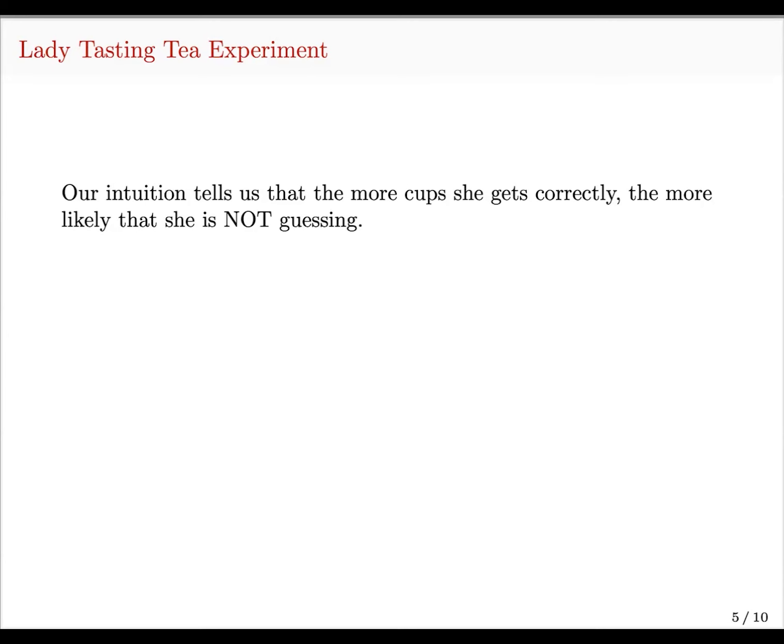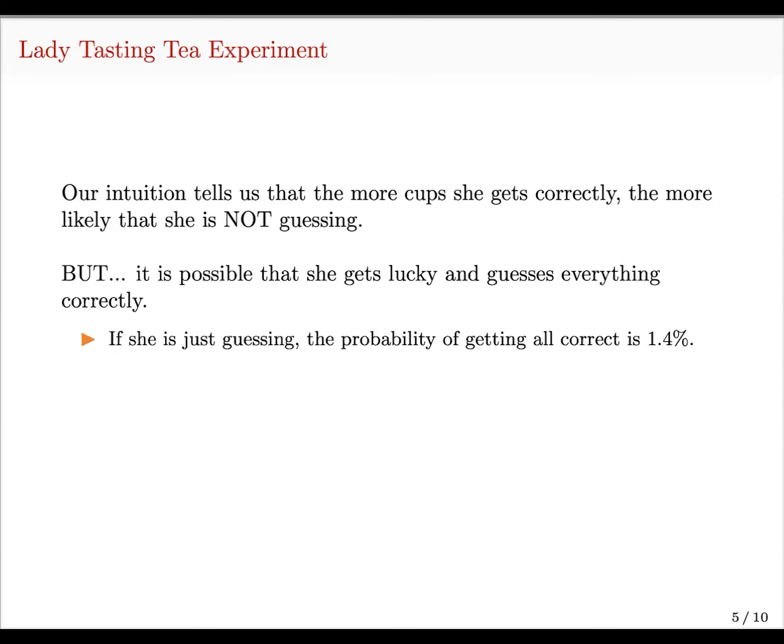But it is possible that she gets extremely lucky and guesses everything correctly. In fact, using probability theory, we can compute that if she's purely guessing, the probability of getting all correct is just 1.4%. 1.4% is a very small percentage, but it is still possible.